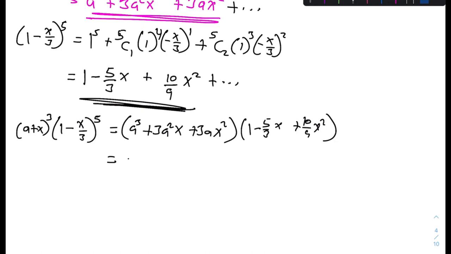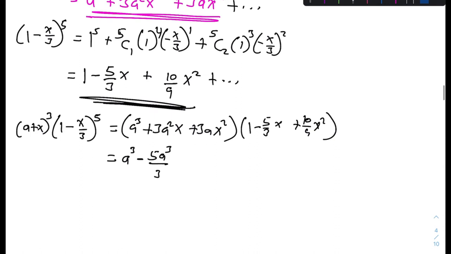So I'm first going to use the a cubed to multiply through. So I have this minus 5a cubed over 3x. Then I have plus 10a cubed over 9x squared. Then I have 3a squared x. Then I have minus 15a squared over 3 x squared.